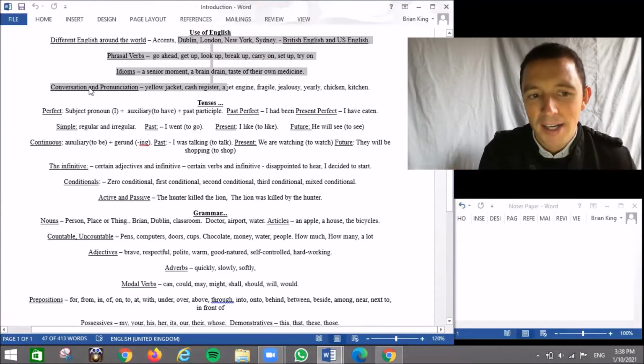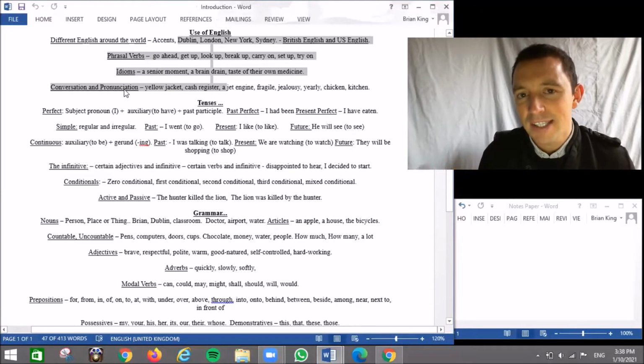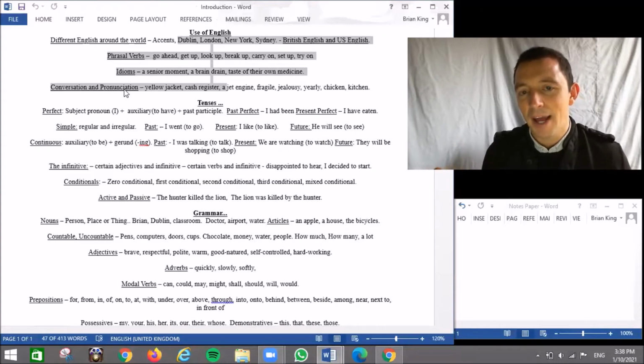The final part is for conversation and pronunciation. So conversation is a different skill, and it's a different talent, and it's very important also, porque mucha gente en España, por ejemplo, tiene un alto nivel de estudios y entiendes grammar, las cosas, pero tienes una falta de practicar en inglés para conversation, okay?